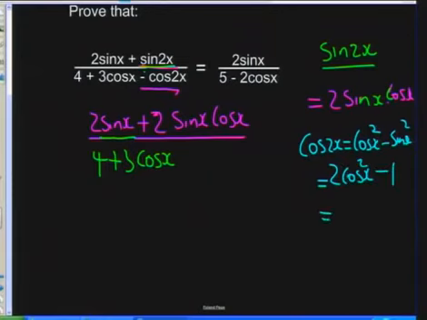And the third one is 1 minus 2 sine squared x. So I have 3 identities to use in place of this. Which one should I use? I have 3 choices. How do I know the right one?